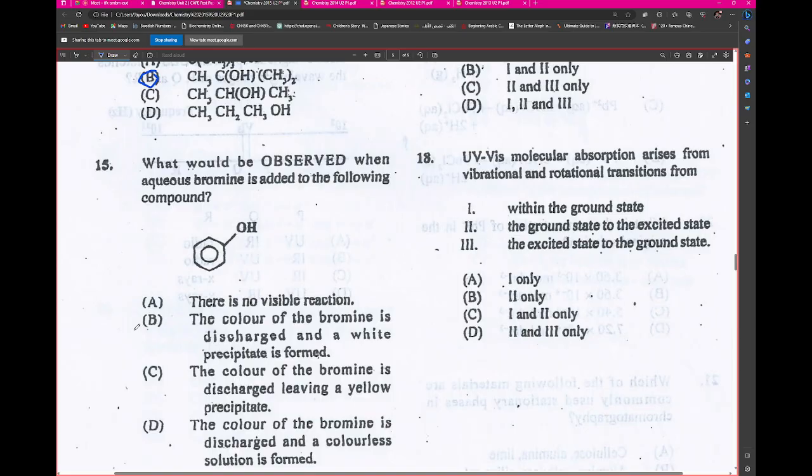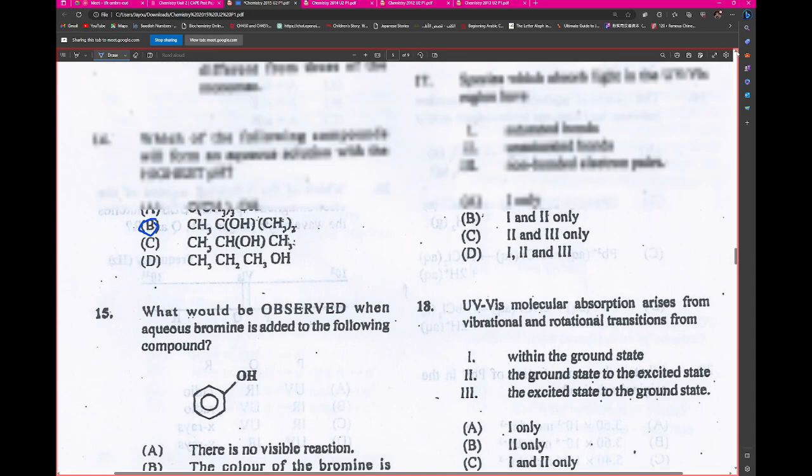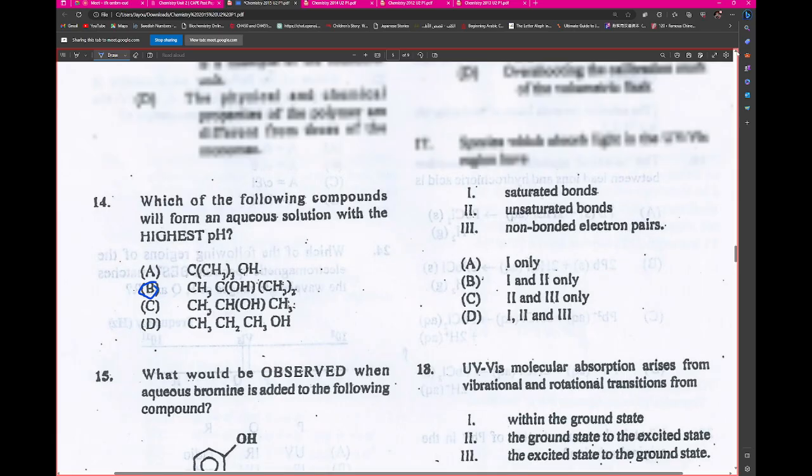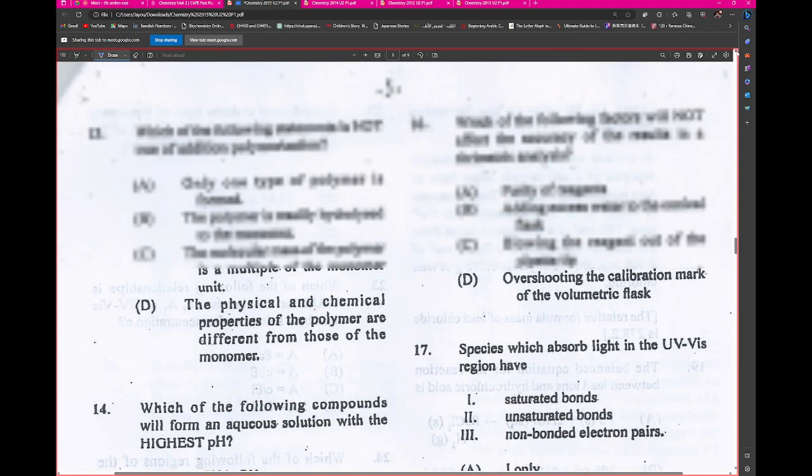Alright, I think B would be the best answer here. I'm not sure why. Should I just answer the questions? I'm not hearing anybody. Okay. Sorry, I went to do something. Where are we now? Fine.